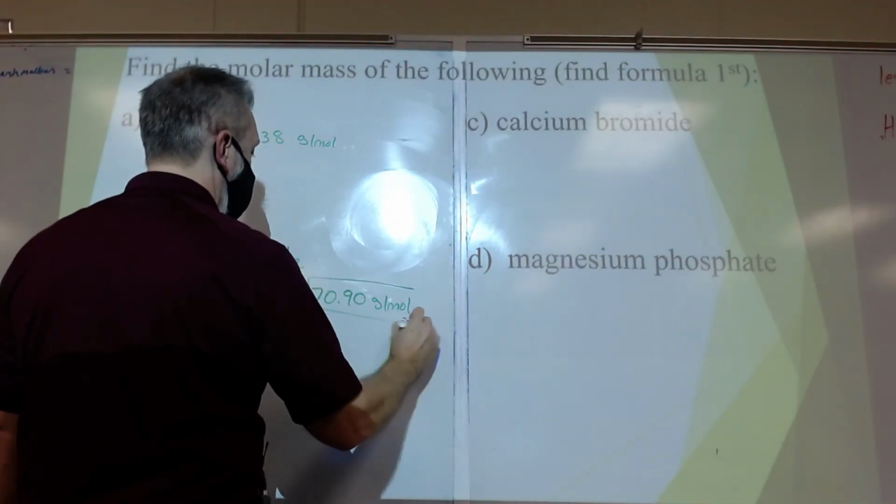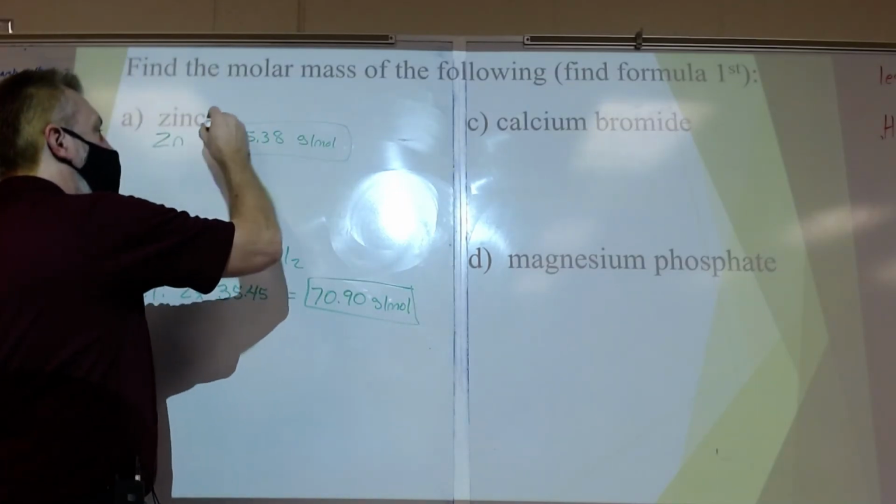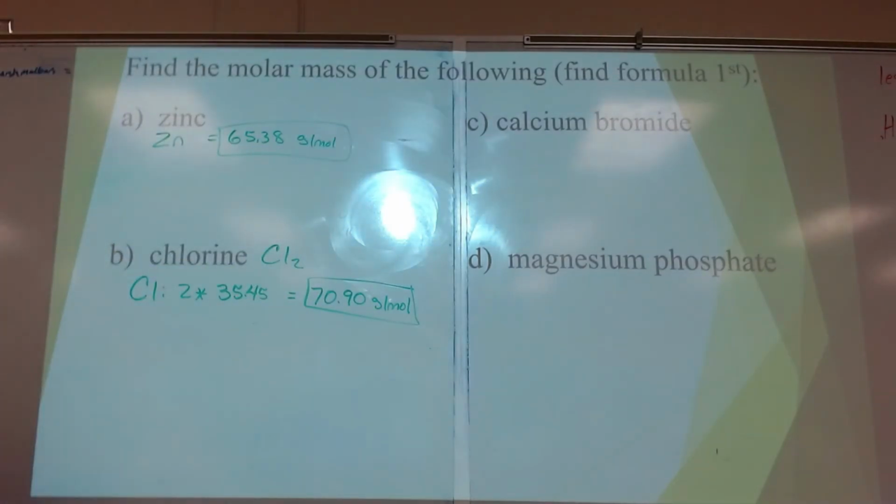And notice how I'm very carefully keeping up with my units. The molar mass for chlorine is 70.90 grams per mole.